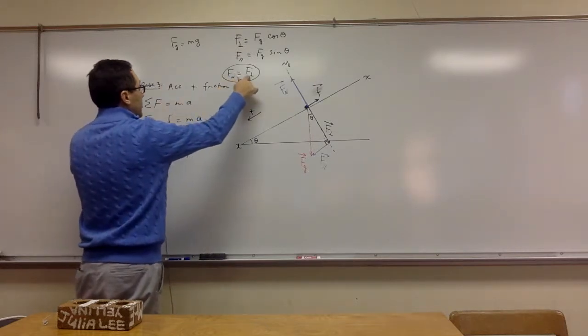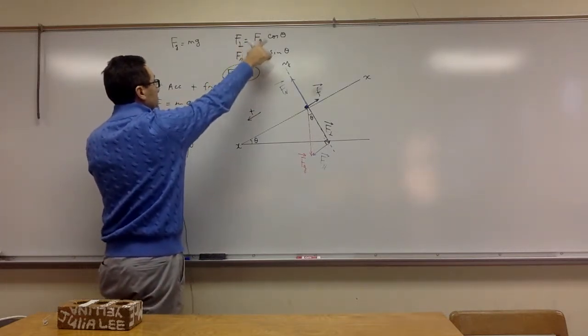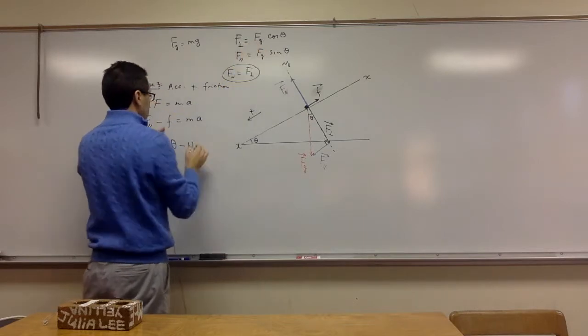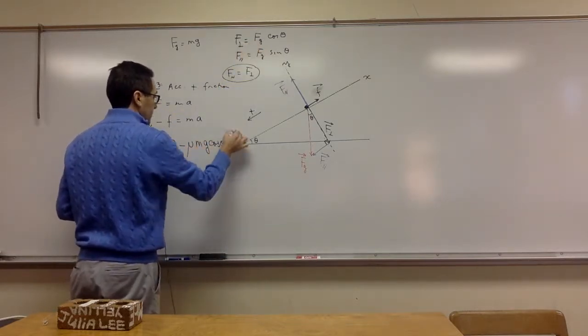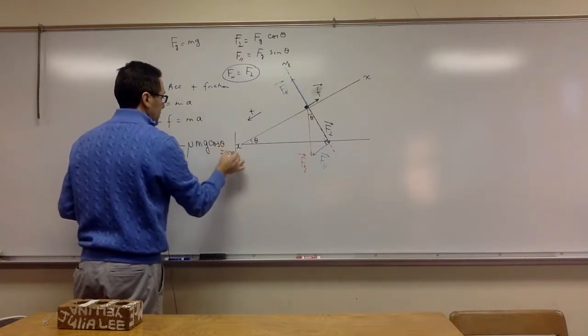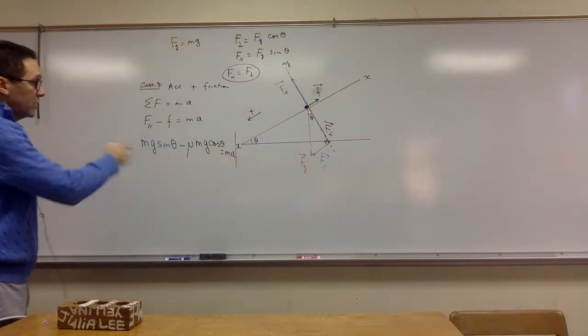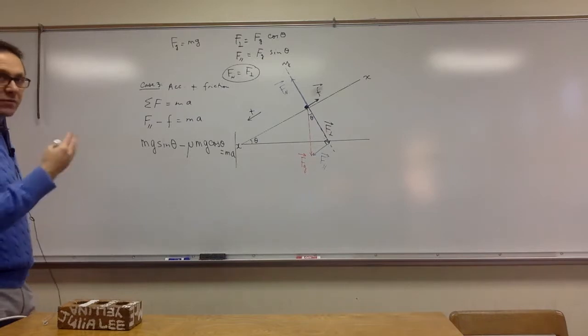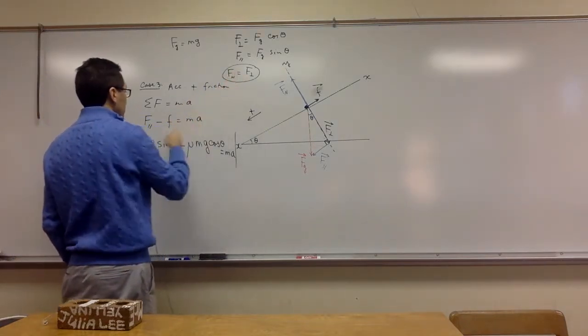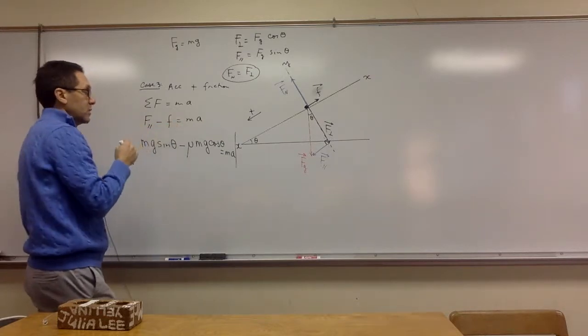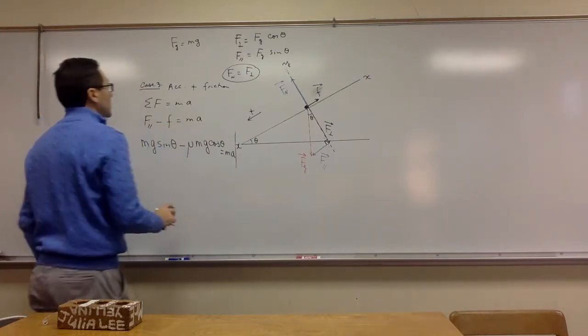And Fn is the perpendicular, and the perpendicular is Fg cosine theta, and Fg is mg. I hope you can follow that. And this is equal to m times a. Now you can manipulate this any way you want and find what you need. So basically, you have two statements.